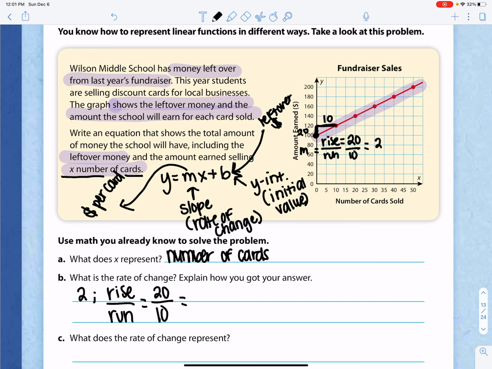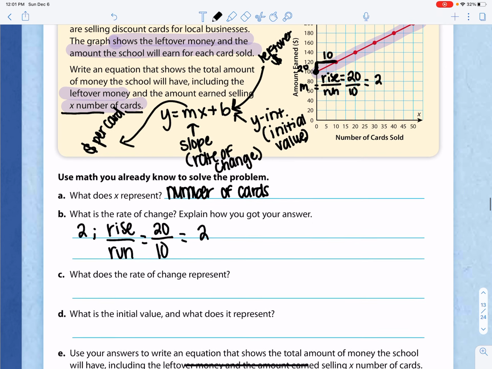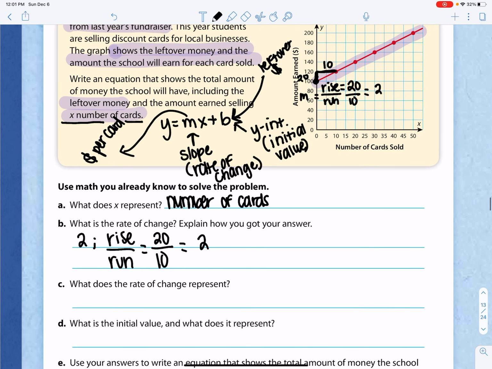And what does it represent? Our rate of change is our slope, which is the amount of money we're charging per card. Since we're talking about money, it represents $2 per card.